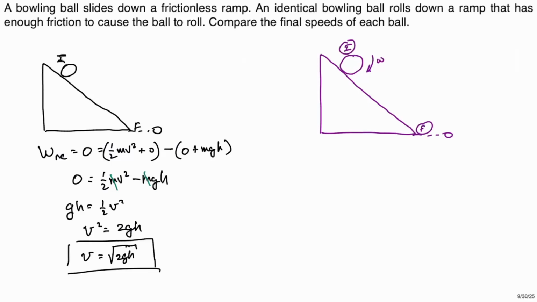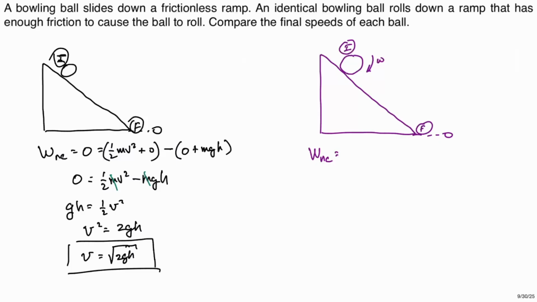I'll come back over here and circle these. 0 still at the bottom of the slope. And same process. I'm going to go through exactly the same process I did on the left-hand side. Work non-conservative. Is there any friction in the problem? Yes. What kind of friction is it?